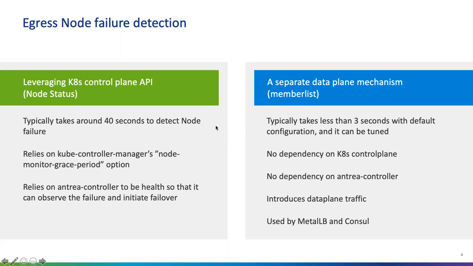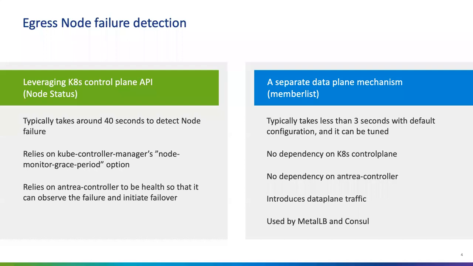Another solution is to have a separated data plane mechanism, for example, memberlist. In this way, the Antrea agents could detect node failure by themselves.